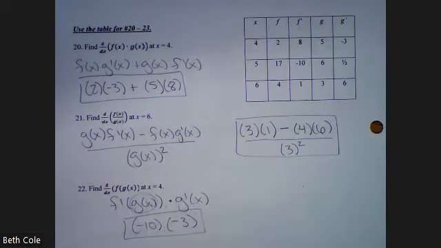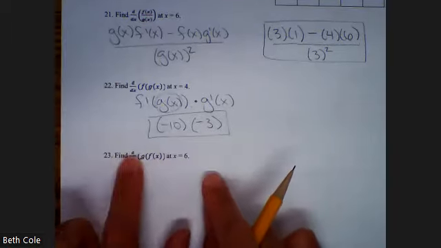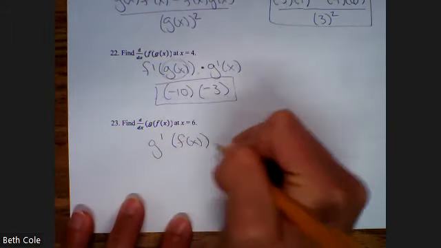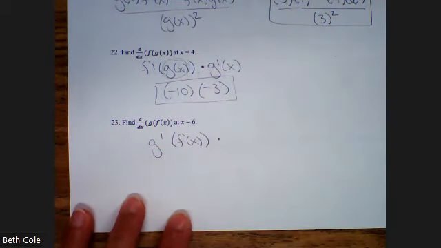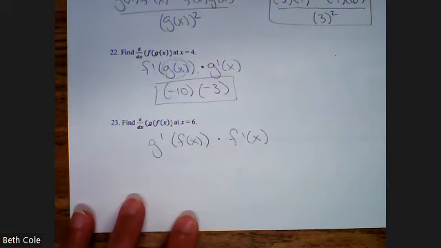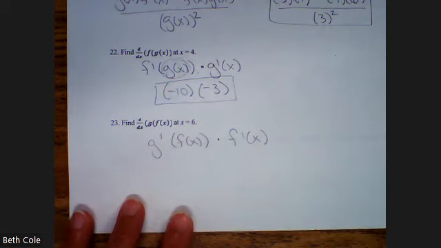I also did this one backwards because they do that on the AP exam where they'll use completely different letters. That's why I say don't get caught up on the letters. Outside and inside. Derivative of the outside, leave the inside alone. So in this case, that's G prime of F, and then chain on F prime. So again, here I'll point to this.